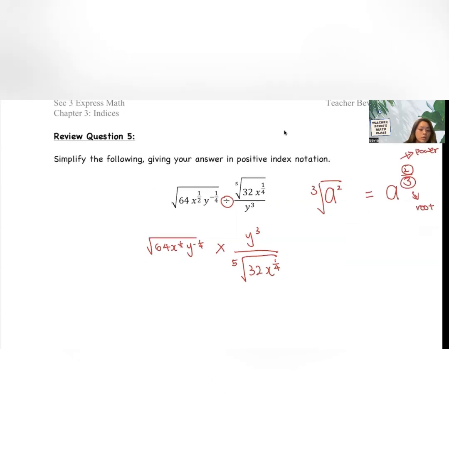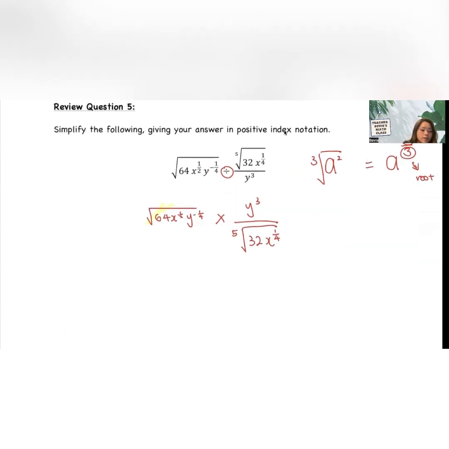Looking at this term, this entire thing I can bracket to the power of 1, and for square root, it's root 2.